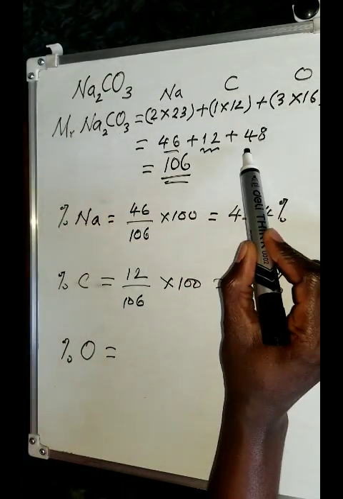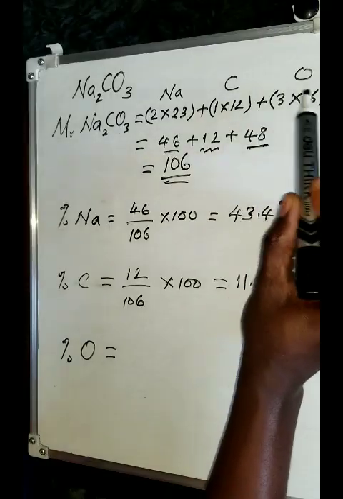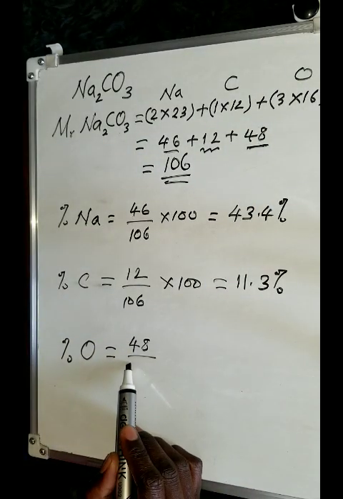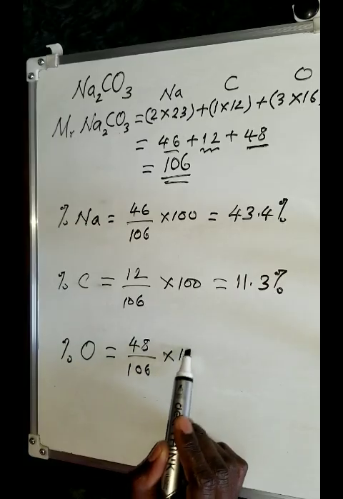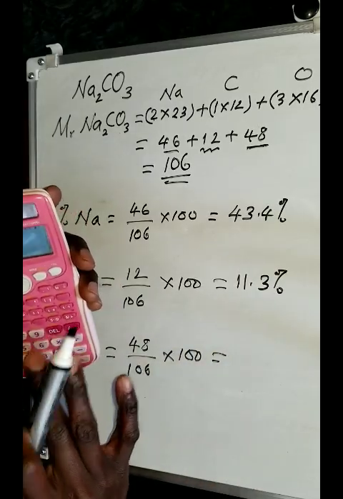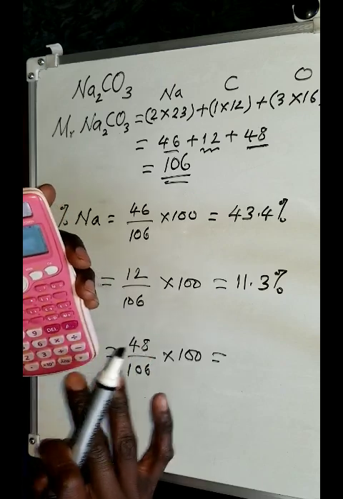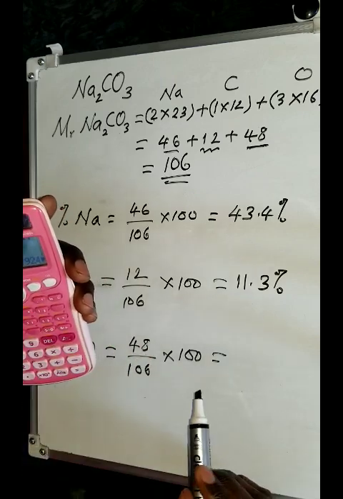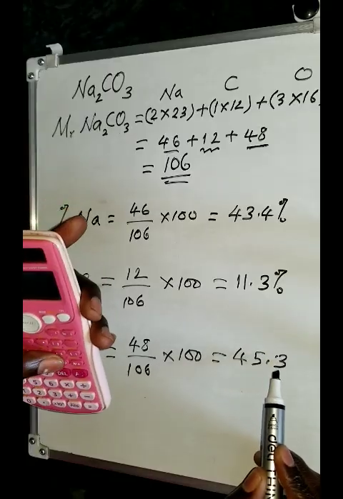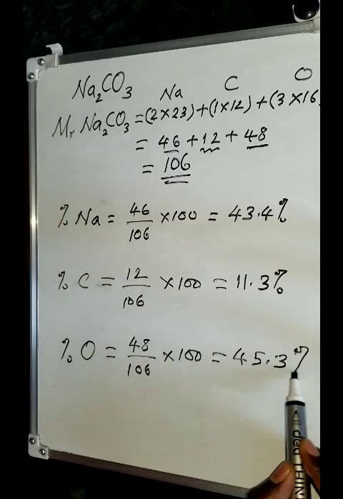Again, you look at the total mass of oxygen in the compound, which is 48 over 106 multiplied by 100. When you key it in your calculator, you'll be able to see that this is giving me 45.3%.